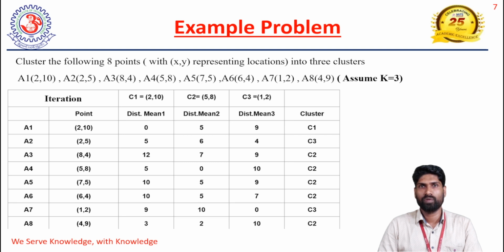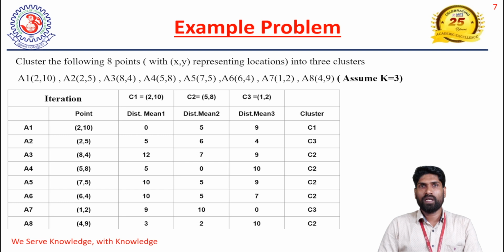Very simple. So first, 2 comma 10 to 2 comma 10: 2 minus 2 plus 10 minus 10 equals 0. Now second, C1 to A2. C1 is 2 comma 10 and A2 is 2 comma 5. So the distance is modulus of 2 minus 2 plus modulus of 10 minus 5, so it is 0 plus 5 equal to 5.